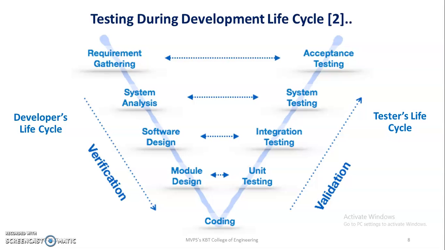Under this V model, the corresponding testing phase of each development phase is planned simultaneously. So there is the verification phase on one side of the V and the validation phase on the other side of the V, that is, the developer life cycle and the tester life cycle.